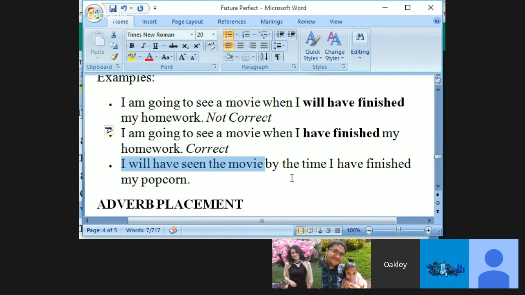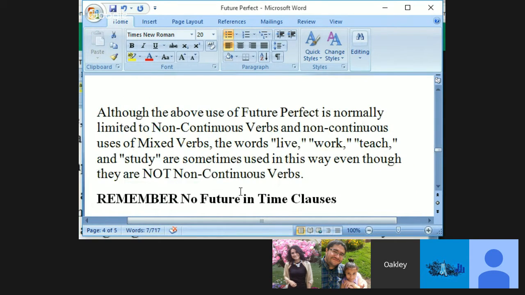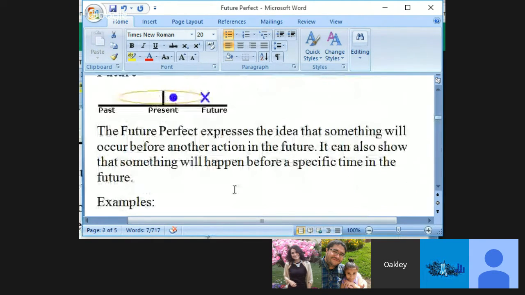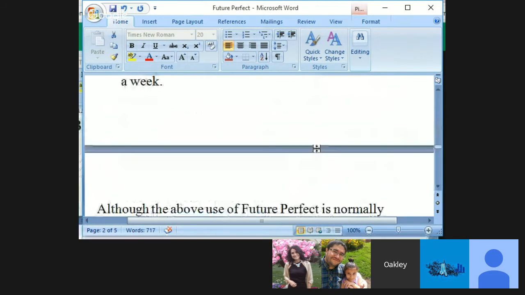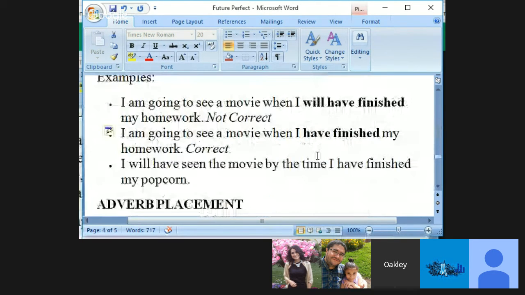Again, looking at the diagram, the future perfect, the other phrase being represented by the X in this little illustration, has nothing to do with now. It's hanging out there far in the future. So really, this doesn't work.